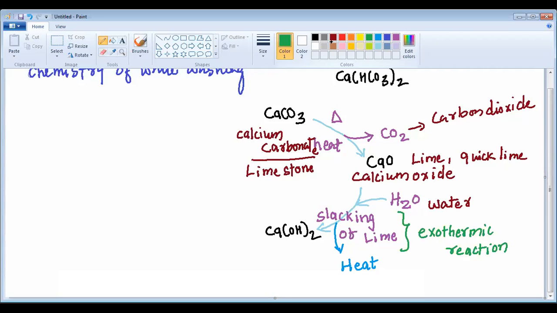Now, what are the various names that we can give to it? Chemically, it is known as calcium hydroxide. We can also call it slaked lime.